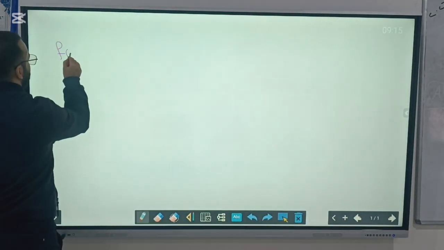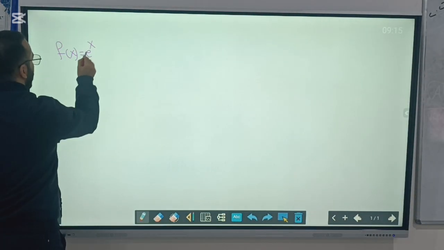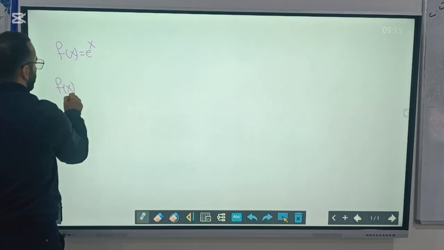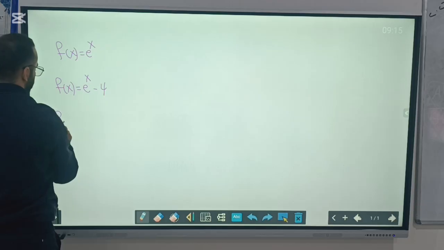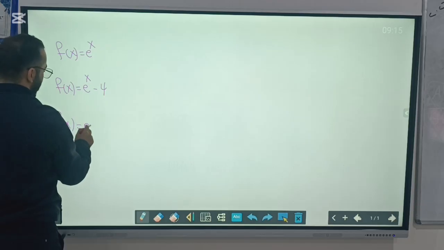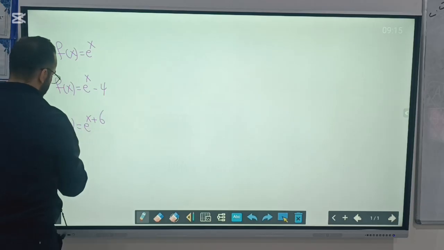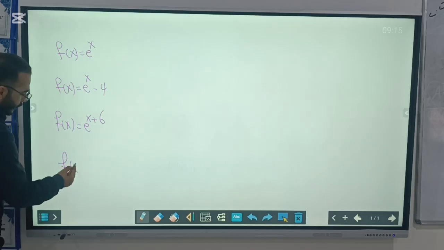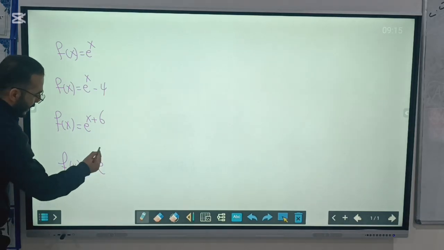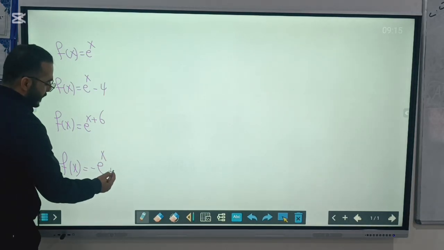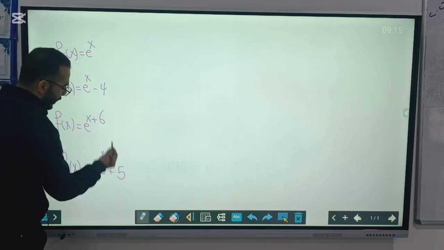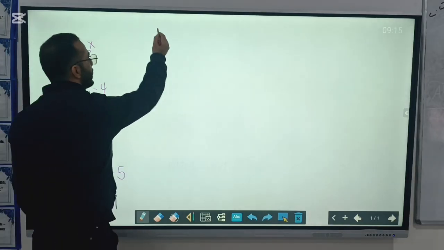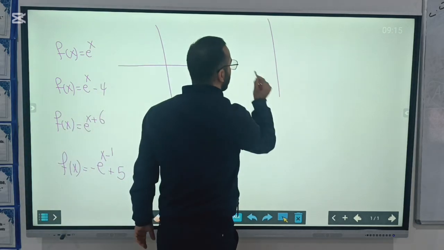Let's say, what if we have f of x equals e powered by x, f of x equals e powered by x minus 4, f of x equals e powered by x plus 6, and f of x equals negative e powered by x plus, let's say, e powered by x minus 1 plus 5. All right. So we need 5 coordinate planes.